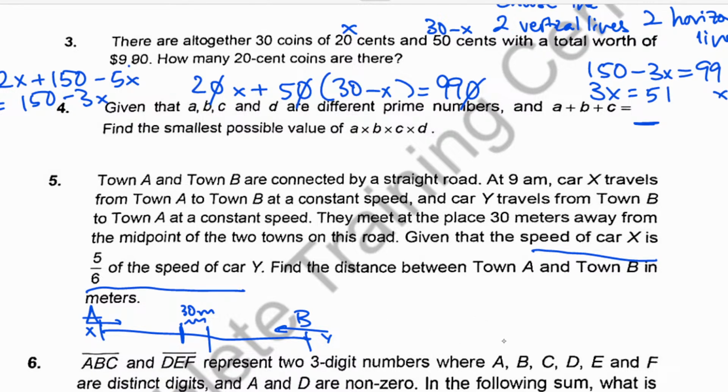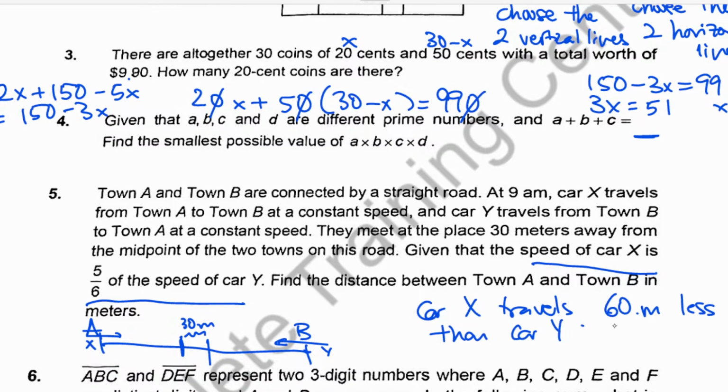This means car X travels 60 meters less than car Y, because car X travels half the distance between the two cities minus 30 meters, while car Y travels half the distance plus 30 meters.